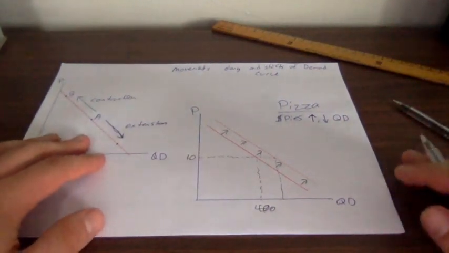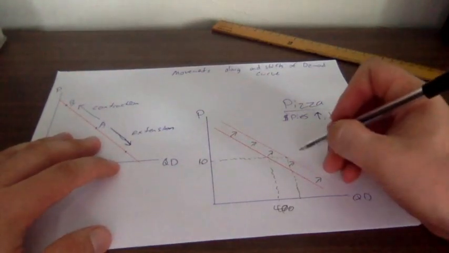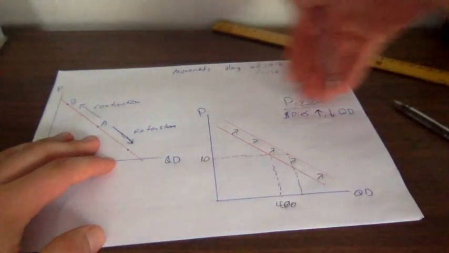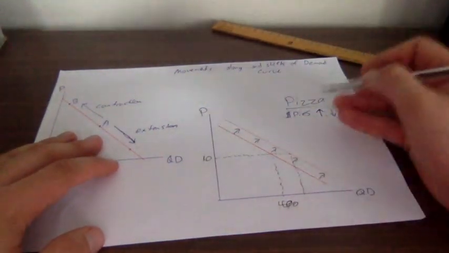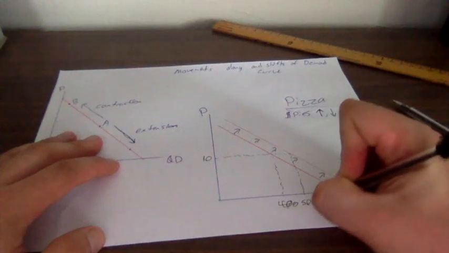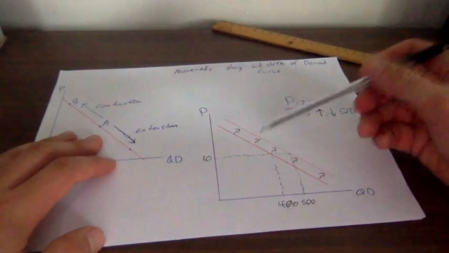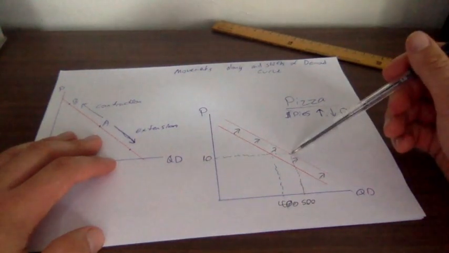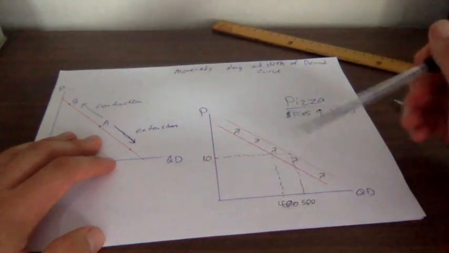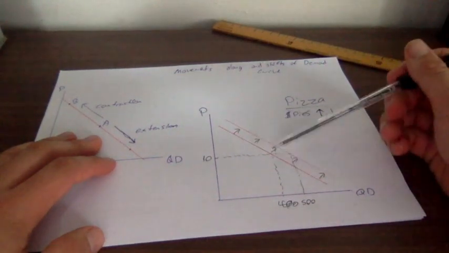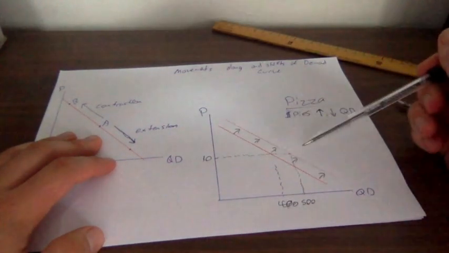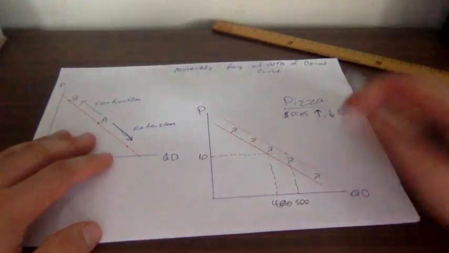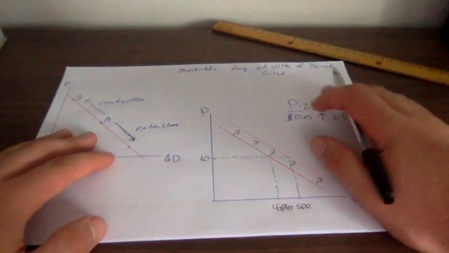So our overall quantity demanded has increased at every single price, just because the price of pies, the substitute good, has increased. So now quantity demanded is up to 500 and still at $10. We were at 400, and because of this, now we're at 500. So people are happily consuming greater quantities at any price.